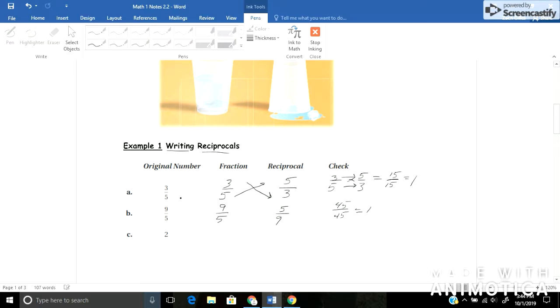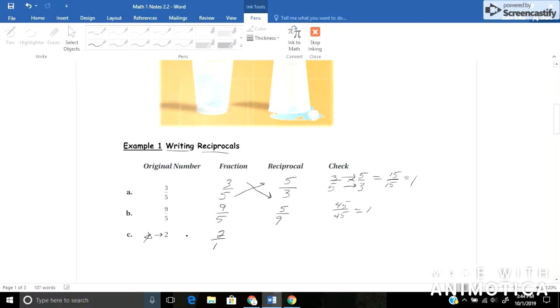The last one, the original number is 2. Sometimes this can be a bit tricky for students. Maybe write a little star by this one. Reminder that to write any number as a fraction, all you need to do is put a 1 under it. So 2 as a fraction is 2 over 1, because 2 divided by 1 is 2.